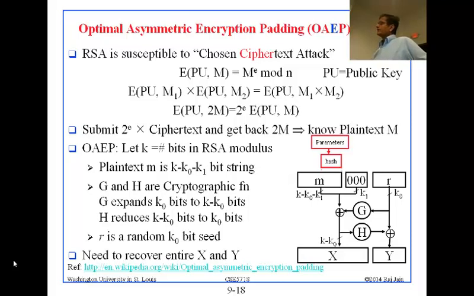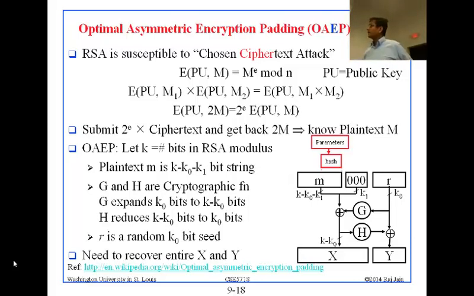So here's the idea. Basically, in this padding algorithm, if you have a message and you just pad it with zeros, then that is not very secure, because of this ciphertext attack, people could just multiply by 2, which is simply adding a 0, and somehow take advantage of the knowledge.